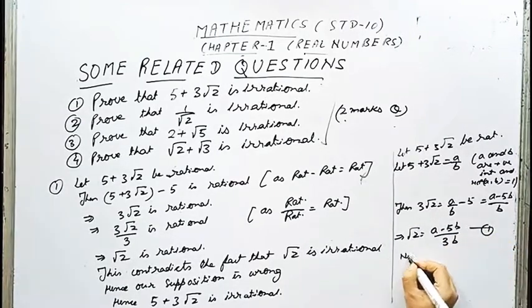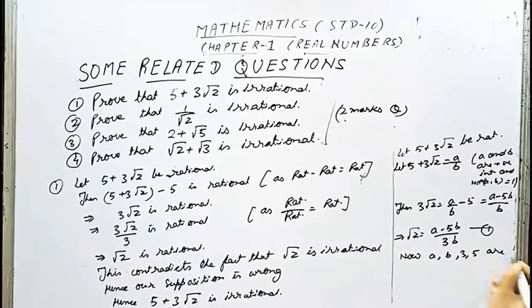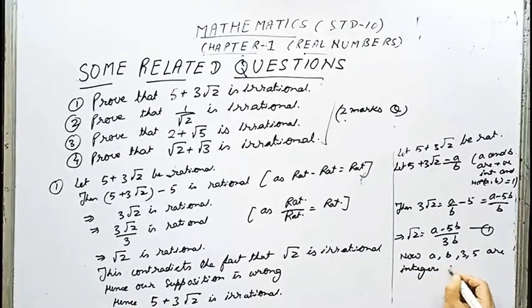Now a, b, 3, 5 are integers. Therefore a minus 5b by 3b is a rational number.